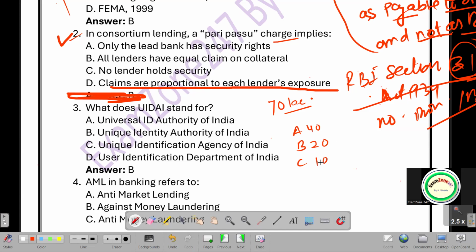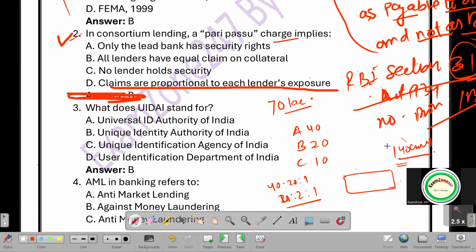If suppose this account was secured by a collateral, the collateral value is somewhat 140 lakhs. Then the charge for A, B and C will be in the ratio of 40:20:10, which is the 4:2:1 ratio.